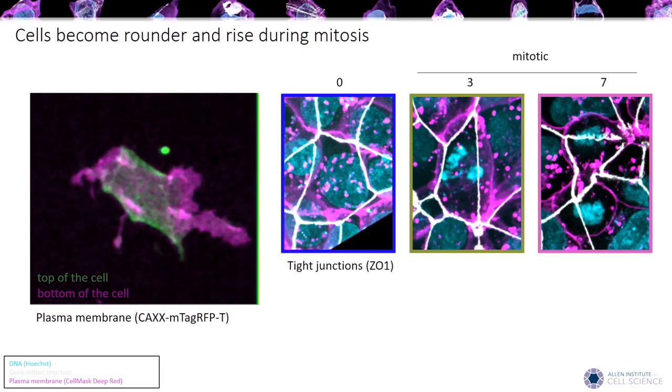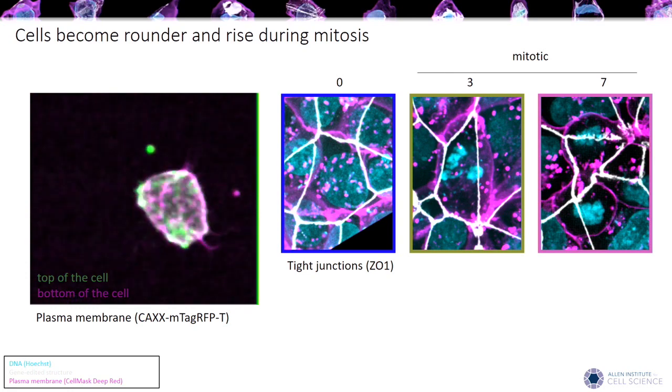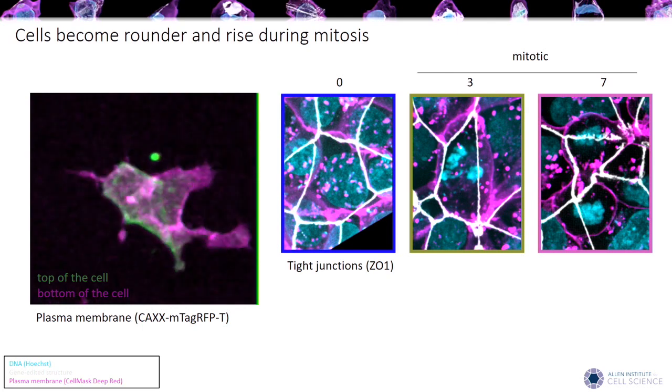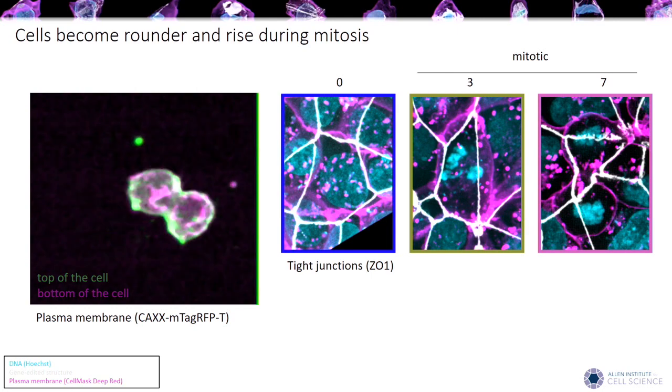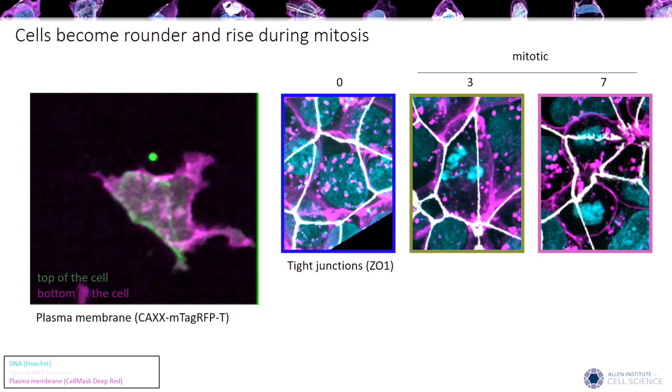We see the same when we look at the tight junctions. This is a maximum intensity projection, and we look from those tight junctions into the cells. You can see that at the interface, when the cells are not dividing, the membrane is closely associated underneath the tight junctions.